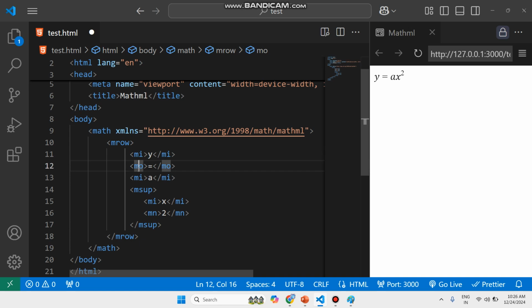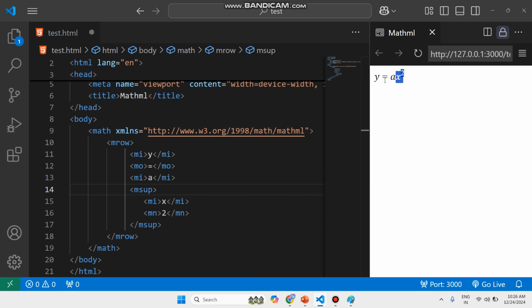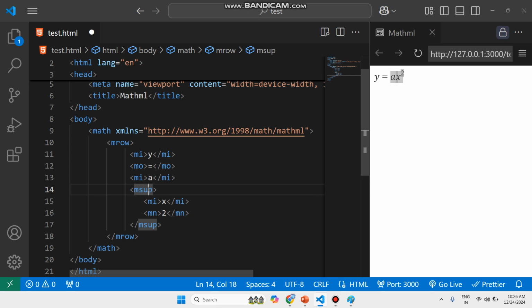Okay, mo means mathematical operators. After that, if you can see, again we are writing characters, right? So again we are using the identifier mi. After that, the concept is different. When I want to write this full x square, we are declaring msup, meaning mathematical superscript, right?